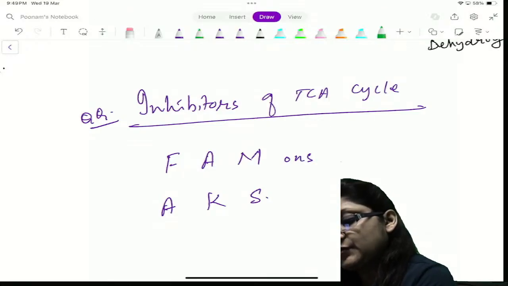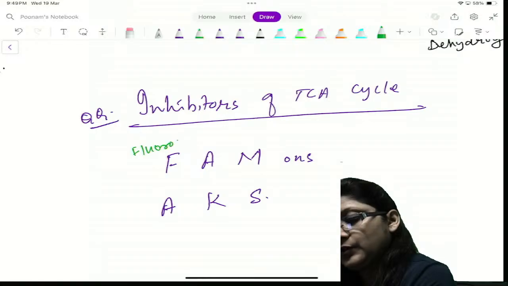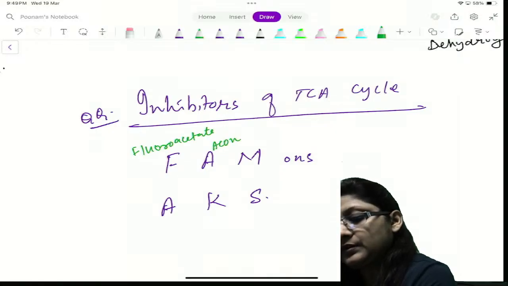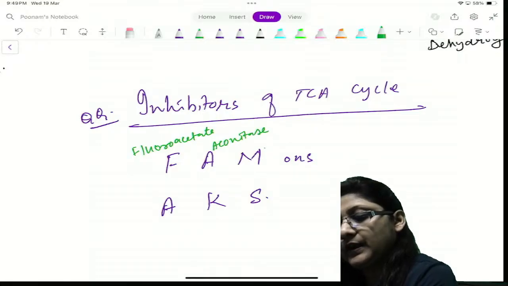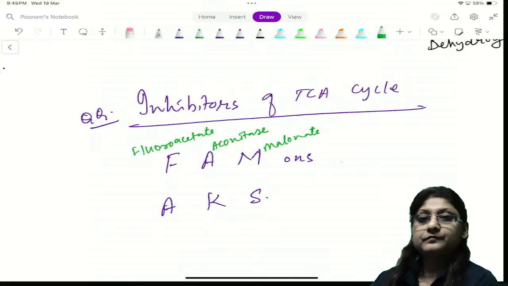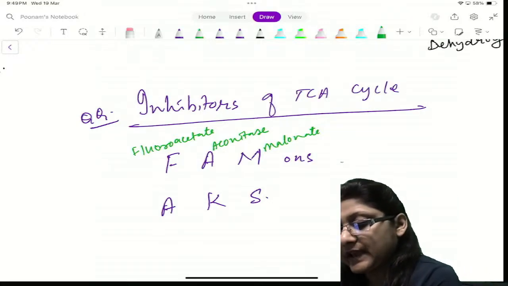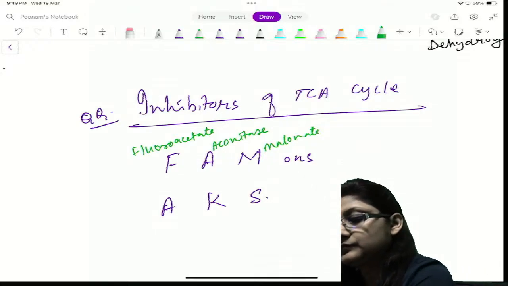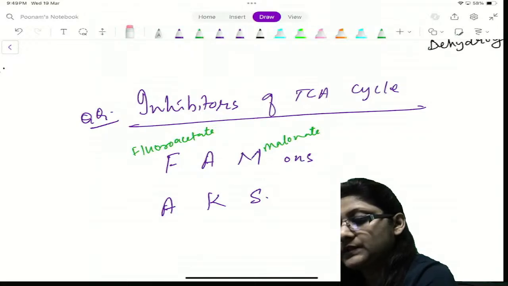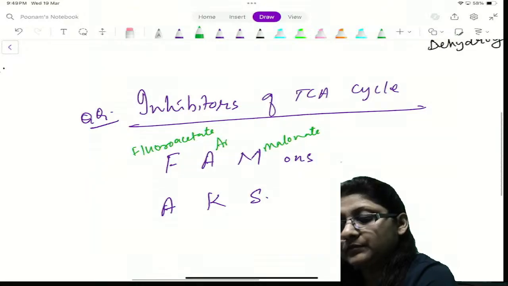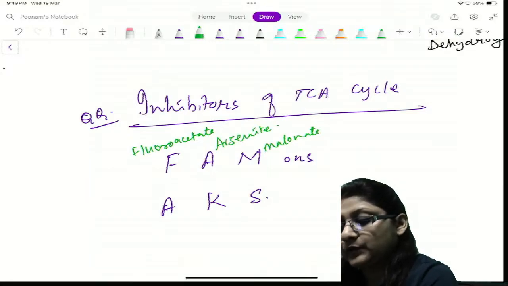So F stands for fluoroacetate, A stands for aconitase, and M stands for malonate. And this A is for arsenite, right? So let me make a little correction in this. This is arsenite and this is malonate.